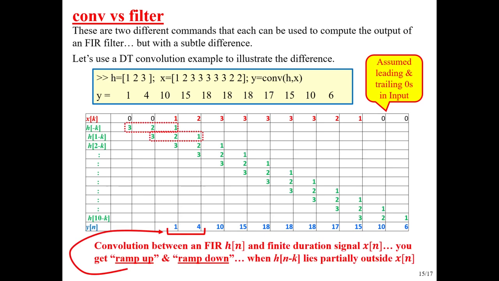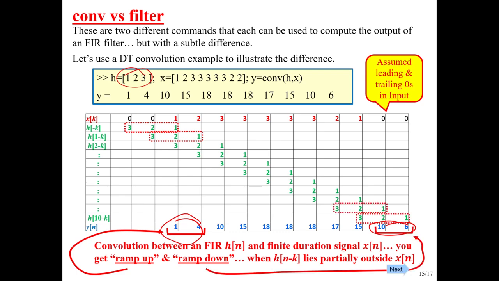But here's the thing. These first 2 values here, I think I might have screwed up my numbers here, but the point is that the first 3 minus 1 values are ramp up, and the last 3 minus 1 values are ramp down.